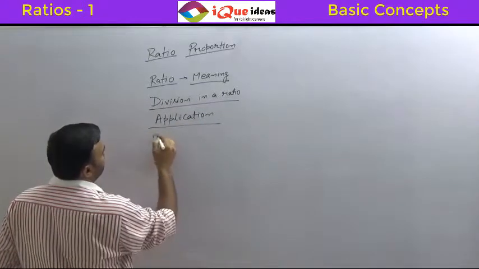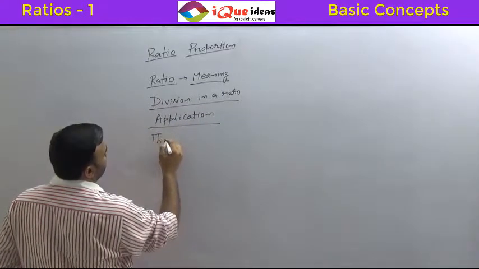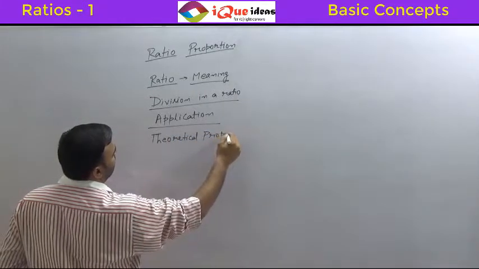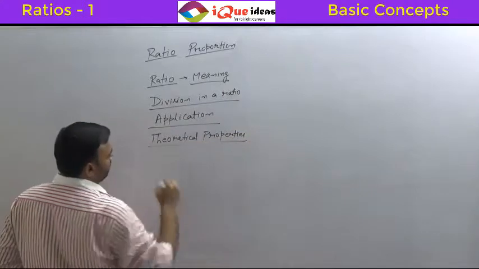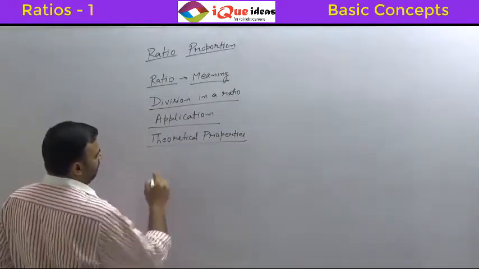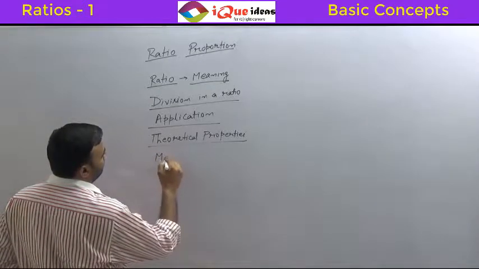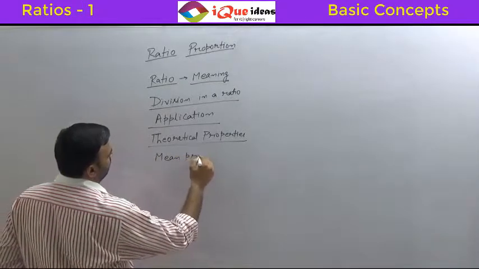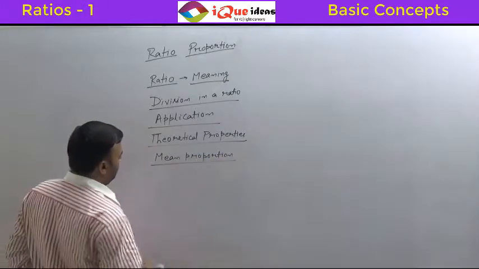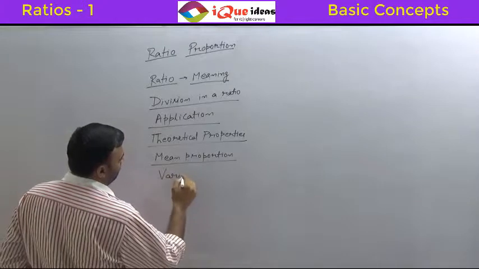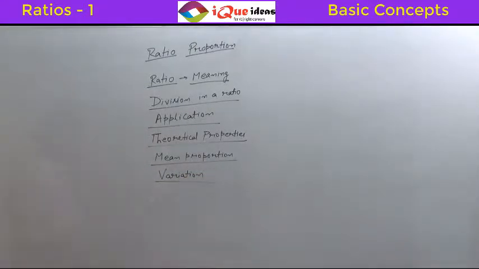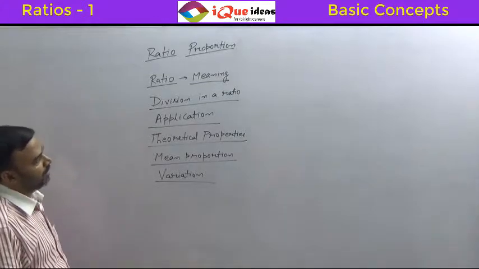Then we will do some theoretical properties of ratios. Then we will take up mean proportion, and finally we will take variation. Right, so this is the list of topics under this chapter.